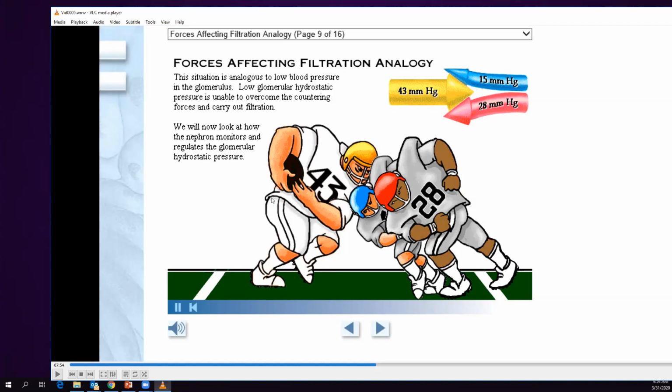So we obviously have to have homeostasis, because what is our theme this semester? Maintain homeostasis. We need to make sure that our nephron keeps the next thing we're going to look at, glomerular filtration rate, at a normal level.